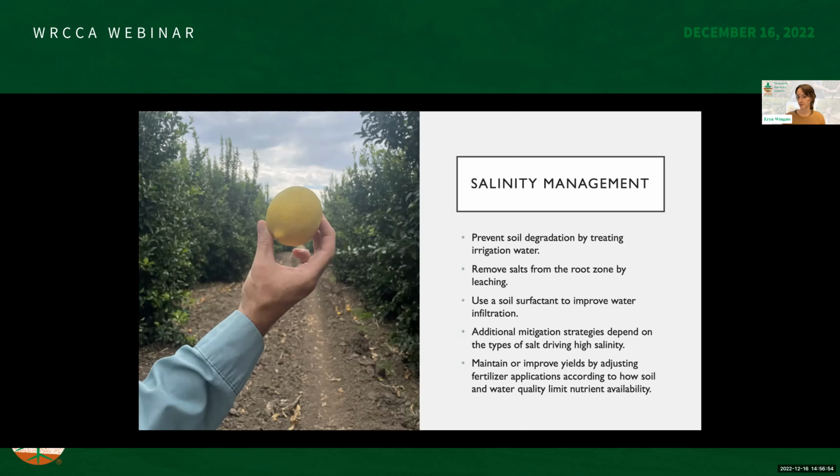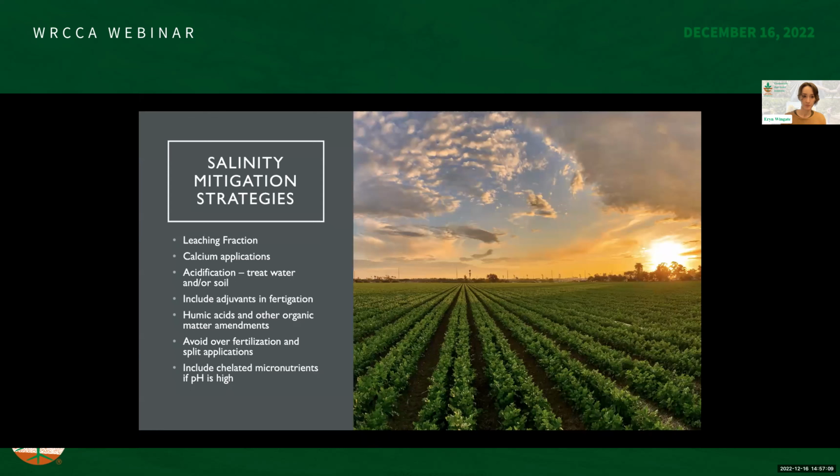And then lastly, you want to maintain or improve yields by adjusting the fertilizer applications according to how the soil and water quality limit nutrient availability. So you can have that leaching fraction, calcium applications, acidification, adjuvants, humic acids, we talked about that, organic matter. And for the fertilizer, you want to include chelated micronutrients if the pH is high.